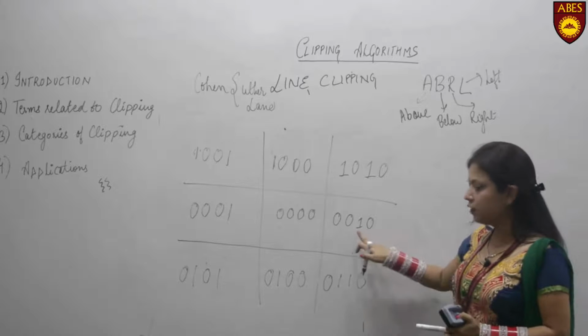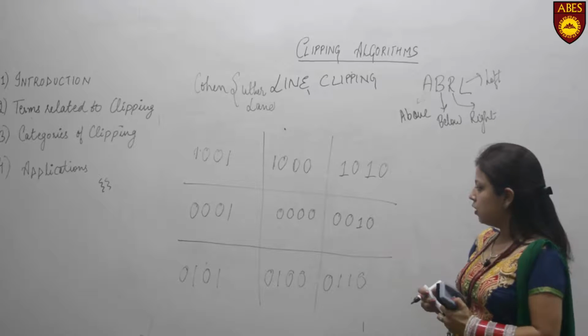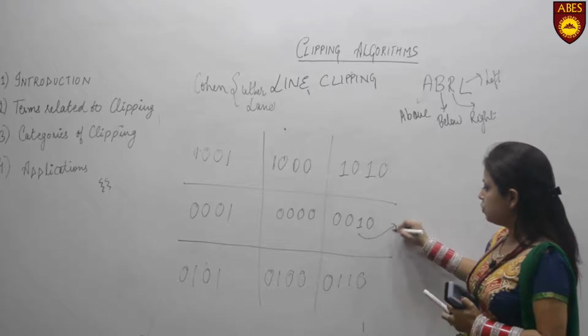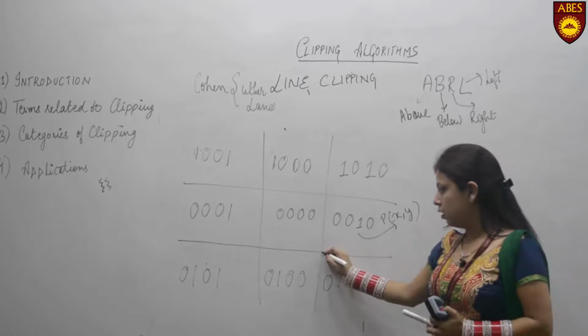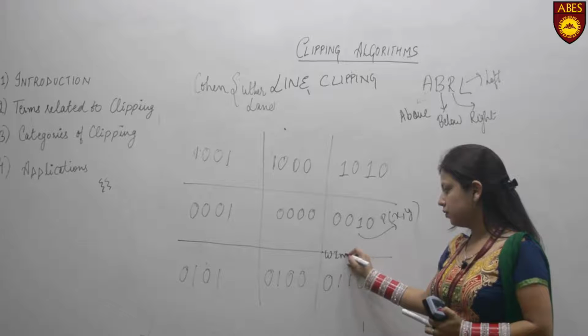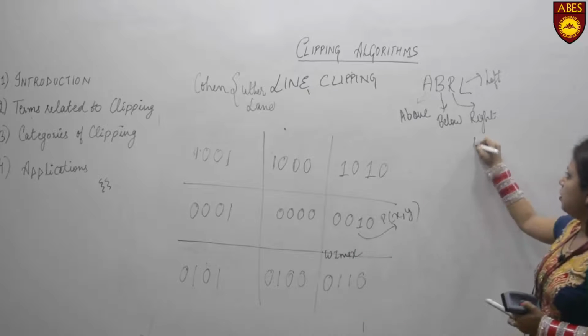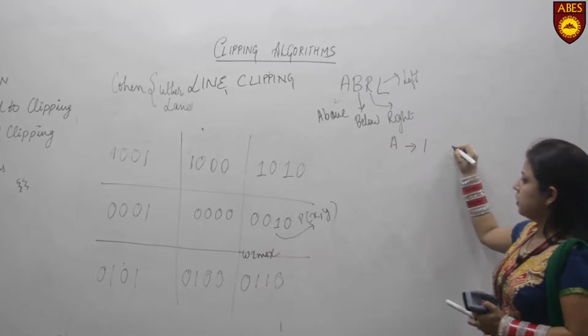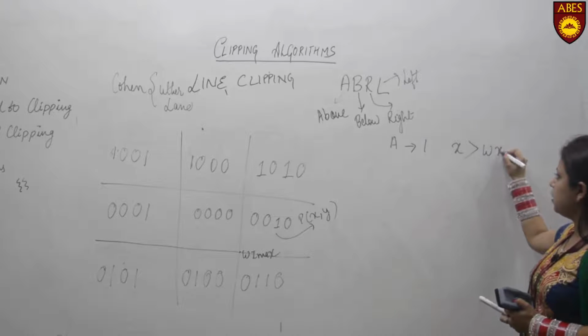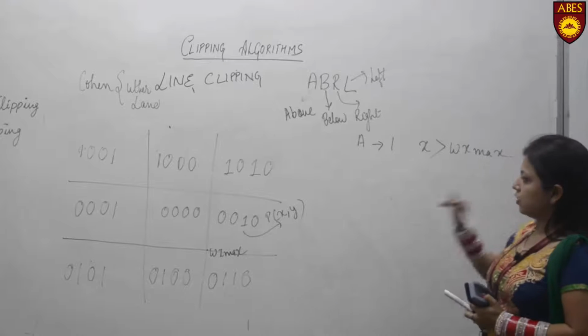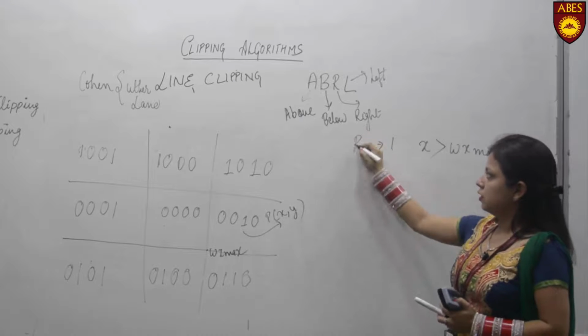Now one thing more: when you set the right bit to 1, what I have checked is whether this particular point P, which has coordinate values x and y, lies beyond x max. So the right bit is set to 1 when the value of x lies to the right of this, that means x is greater than wx max.